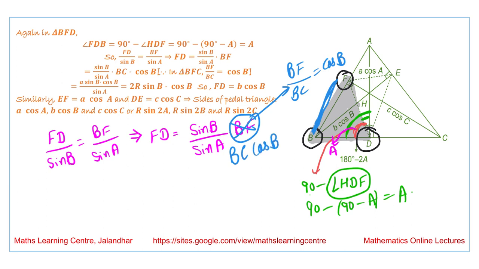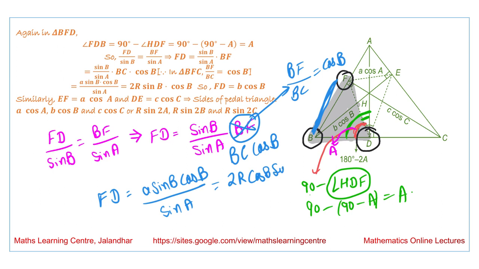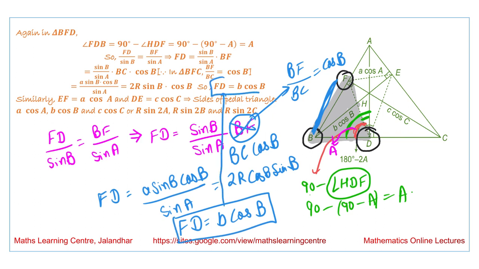So FD is equal to a sin B cos B over sin A, and this value is equal to 2R cos B sin B. So what we get is that FD is equal to b cos B. So this is the side length FD.